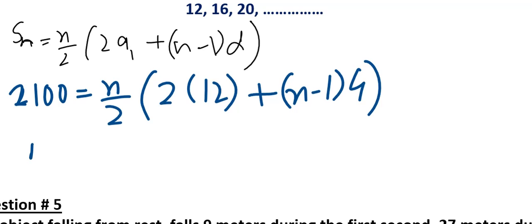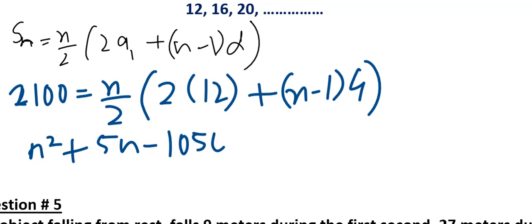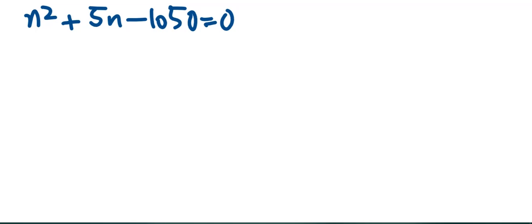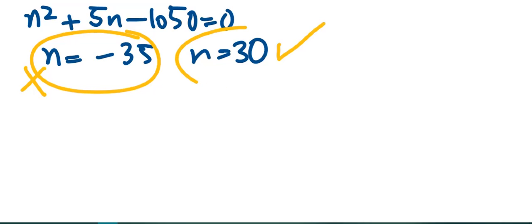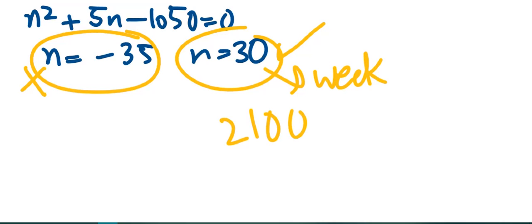After simplification, this equation will become n squared plus 5n minus 1050, equal to 0. By using the quadratic formula, we will get n equal to minus 35 and n equal to 30. No, n can never be negative, so we will not take this value. n is equal to 30. It means after 30 weeks the student can save 2100 rupees.